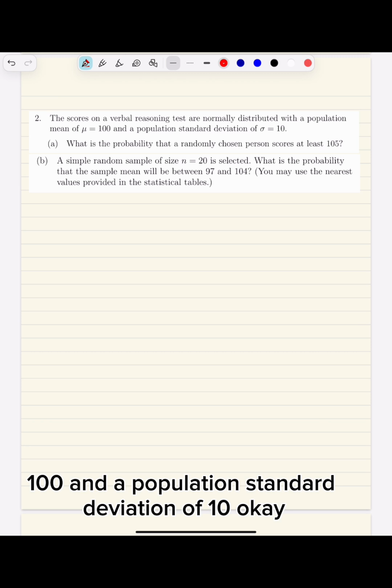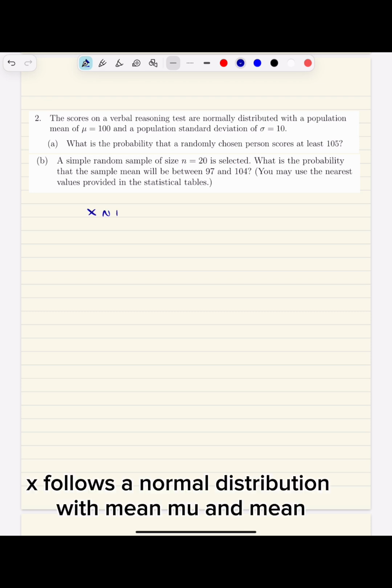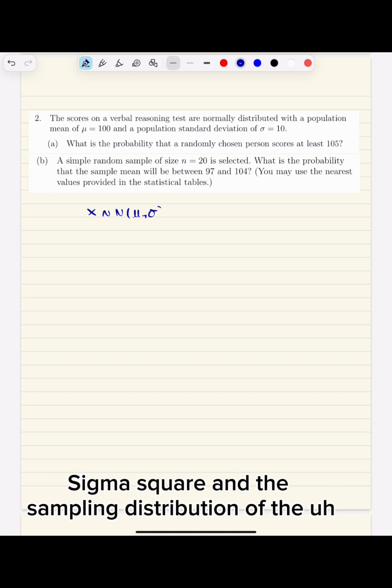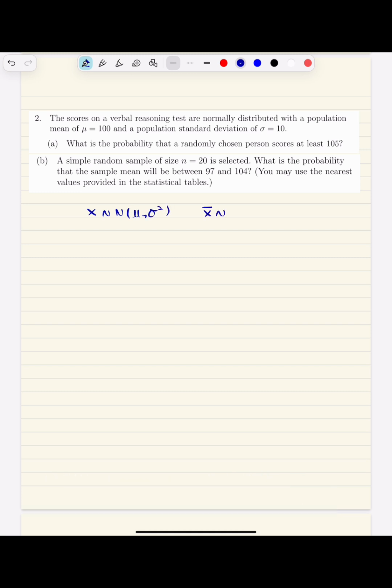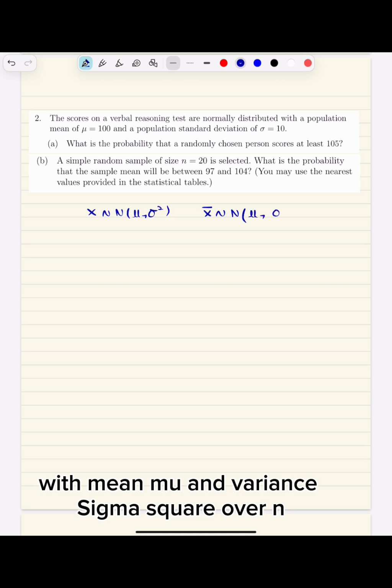Okay, next question. The scores on a verbal reasoning test are normally distributed with a population mean of 100 and a population standard deviation of 10. We know that any random variable x follows a normal distribution with mean mu and variance sigma square, and the sampling distribution of the mean follows a normal distribution with mean mu and variance sigma square over n.